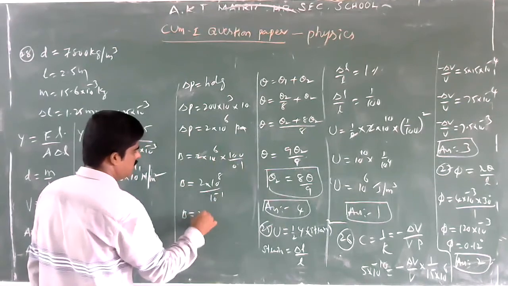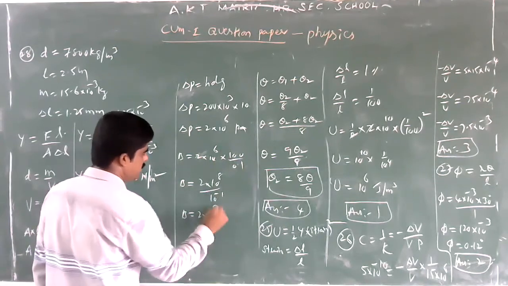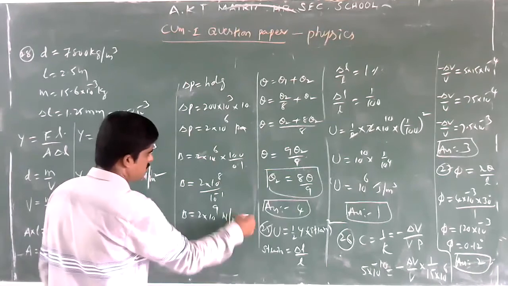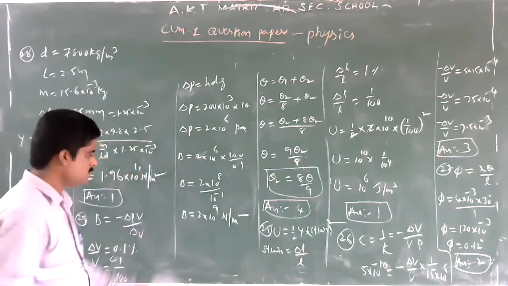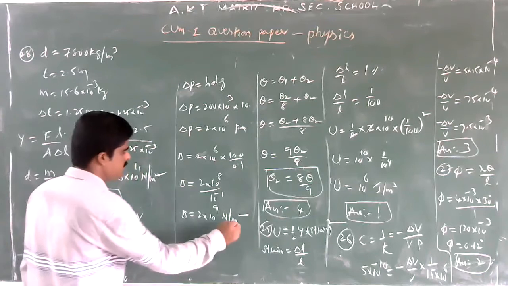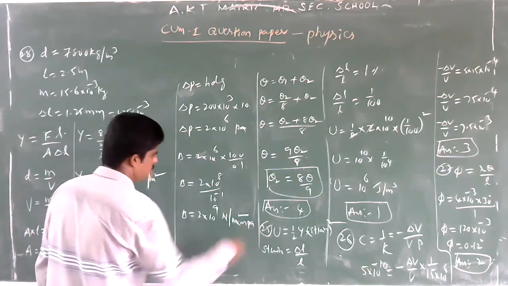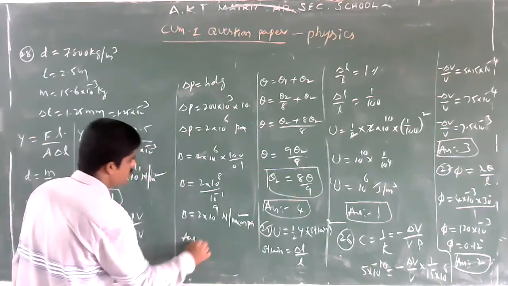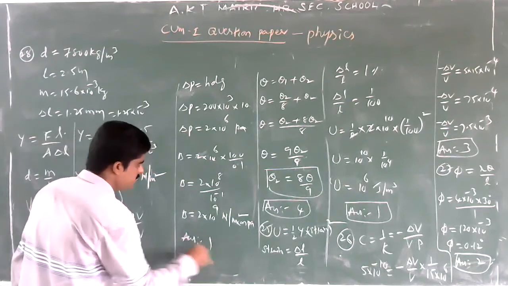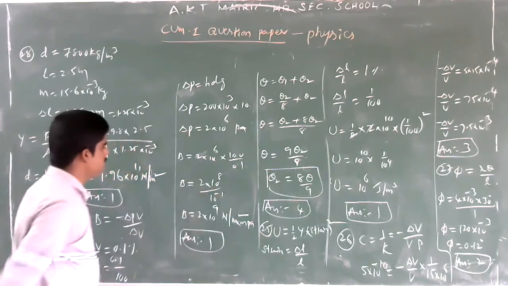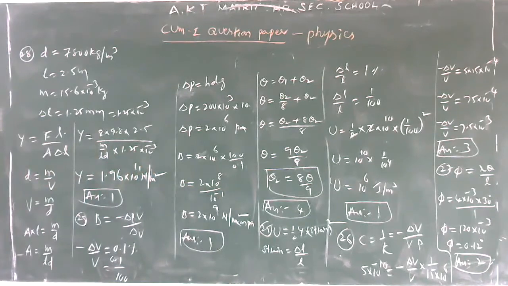Then B is equal to 2 into 10 to the power of 9 Newton per meter square, or even Pascal can be used. No problem. So the first option is correct. For question number 29, the first option is correct.